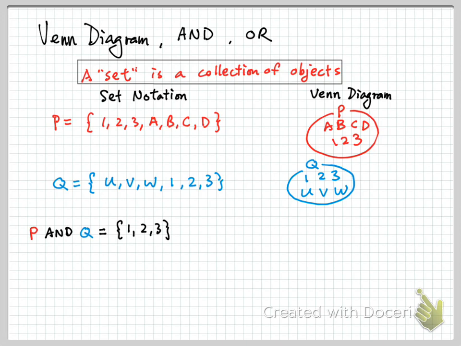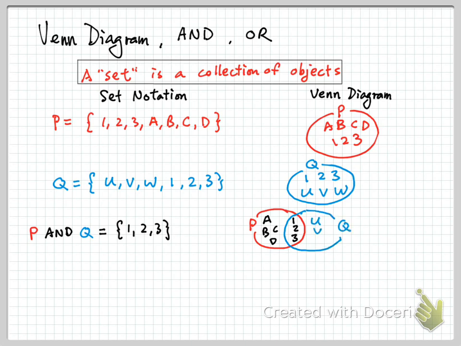In terms of the Venn diagram, we can put P and Q into something like this, right? So this is the collection P. We have 1, 2, 3, and then we have A, B, C, D over here. On the other hand, we have Q. Q will be represented by this Venn diagram.